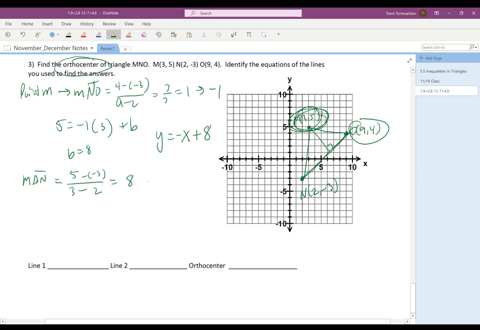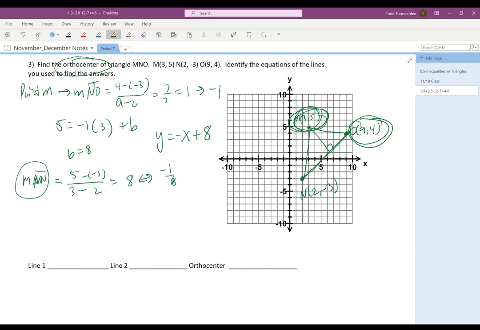And so the slope that we then need is the negative reciprocal of 8, which is -1/8. Again, the point that you use is a point that's not on there. Since we're finding the slope of MN, it should have been an M, my bad, then the point we're going to use is the third point, O, because we need the line to be perpendicular to MN but go through point O.